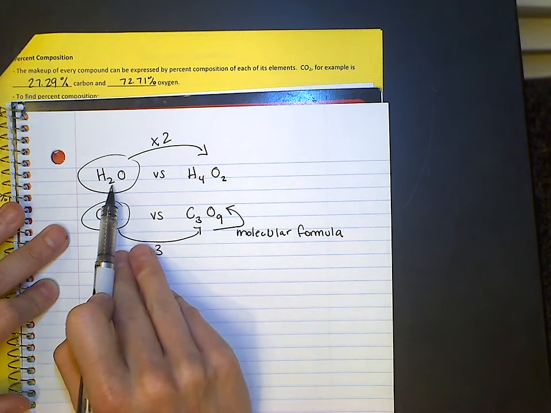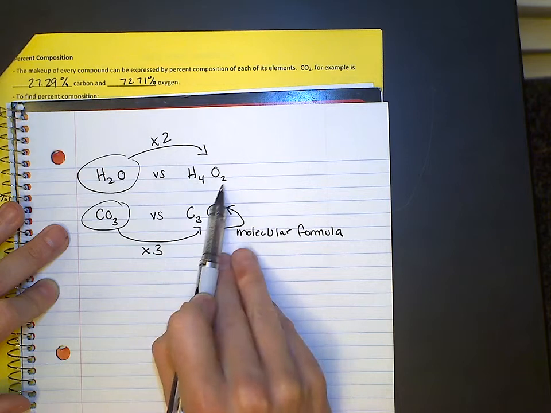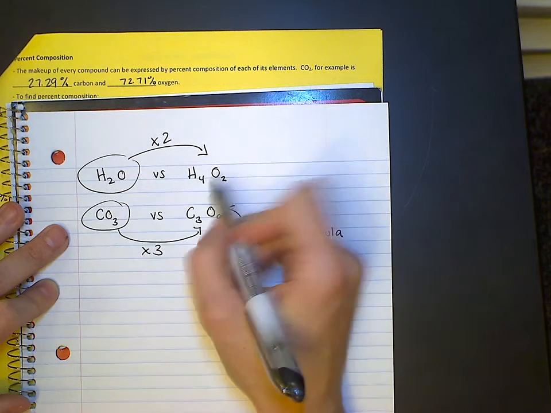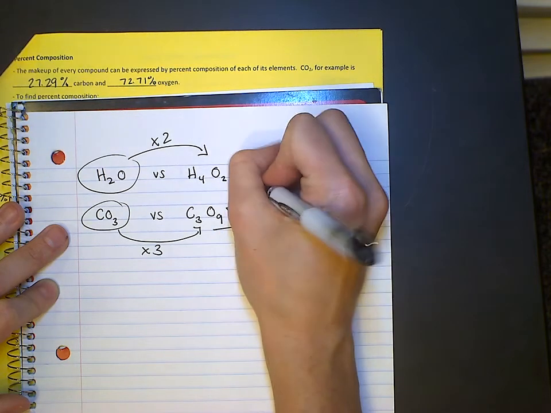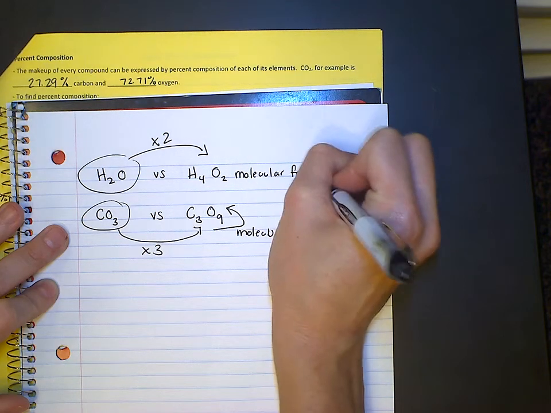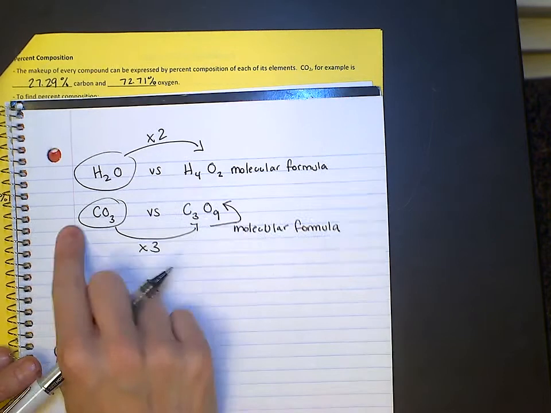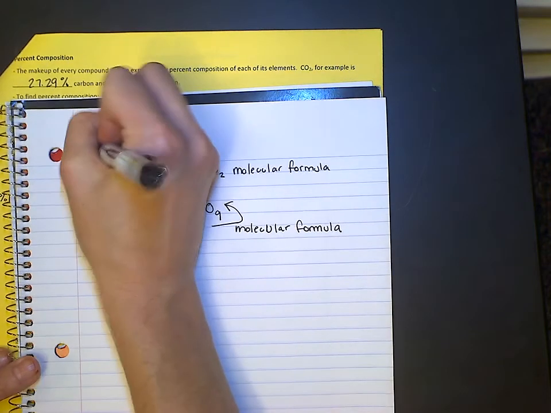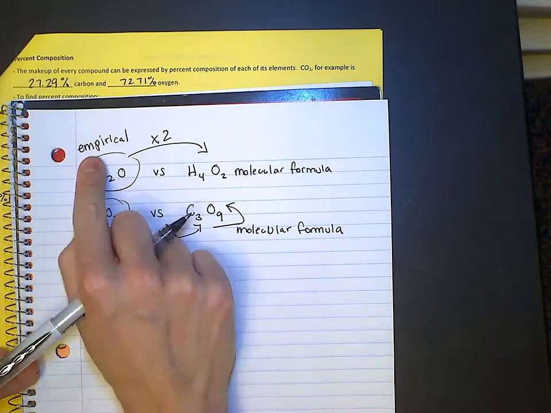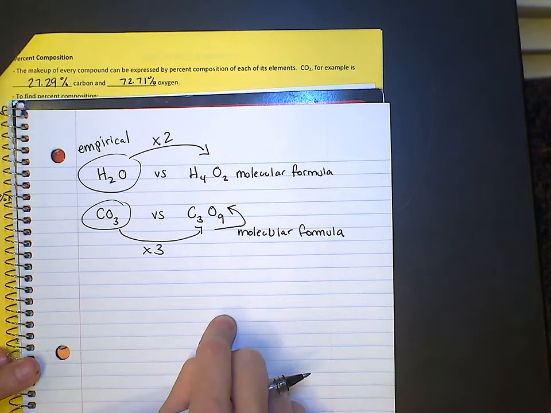So like H2 multiplied by 2 would be H4, and then O times 2 would be O2, so we just multiply by 2. So this is another example of a molecular formula, where it's not the simplest ratio. Okay, so simplest ratio is the empirical, and then any multiple of that would be your molecular formula. Okay, so that's the difference.